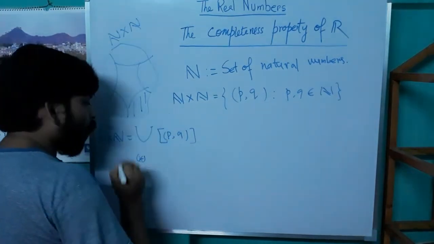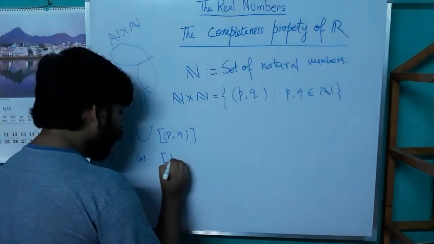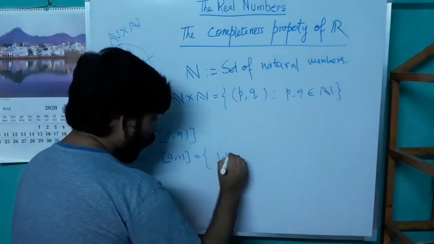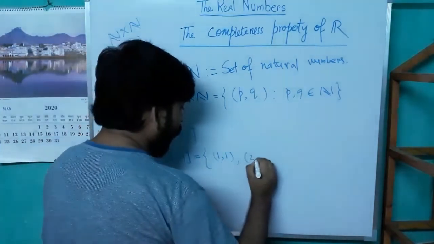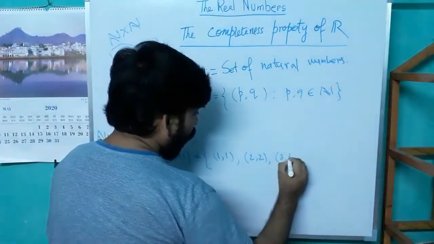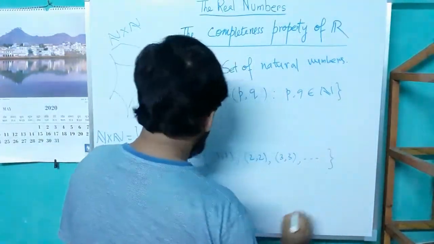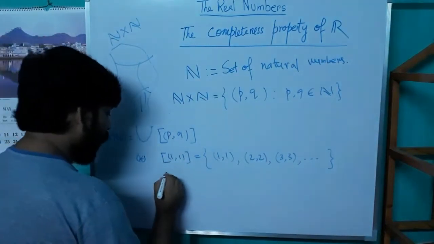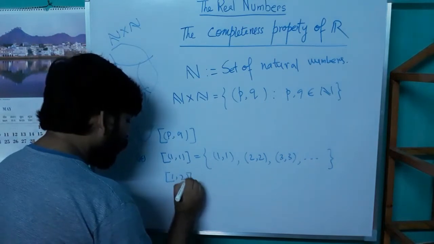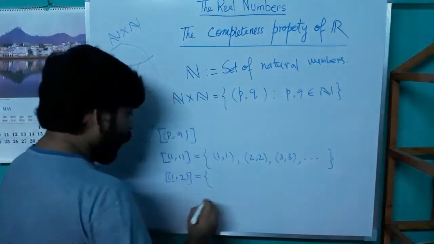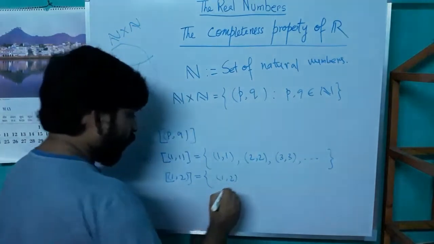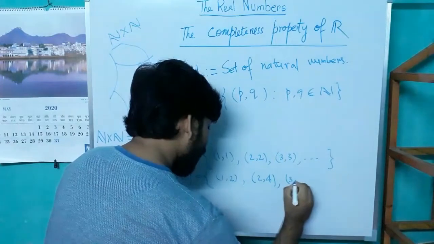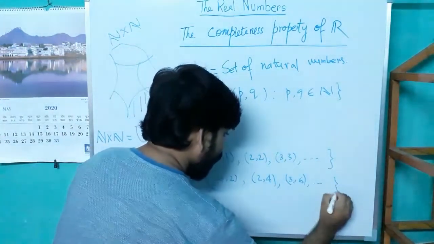For example, the equivalence class of (1, 1) is the collection of elements like these, and the equivalence class of (1, 2) is the collection of elements which look like this.